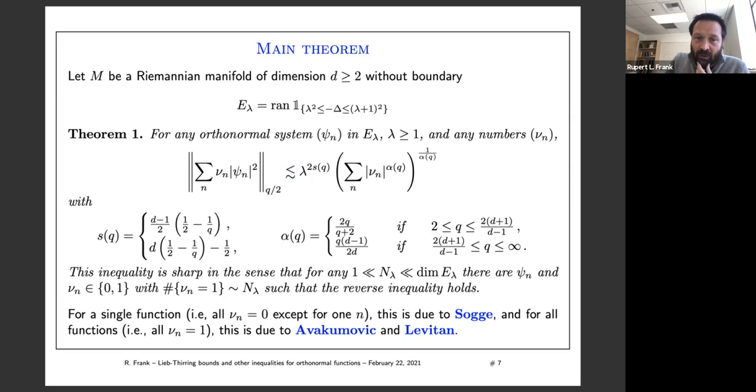I said it before, if we take a single function, we get back to Sogge's result, which is valid in this Riemannian setting. And if we take all the functions, so if we take psi n to be an orthonormal basis of E lambda, then we get the pointwise Weyl asymptotics of Avakumovic and Levitan that goes back to the 1950s or 1960s.